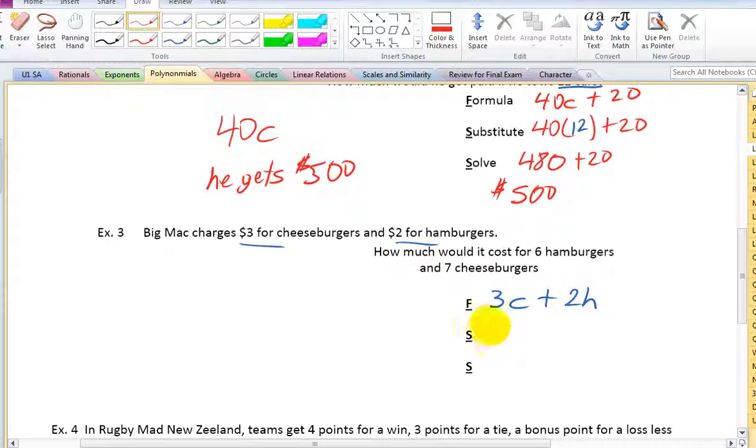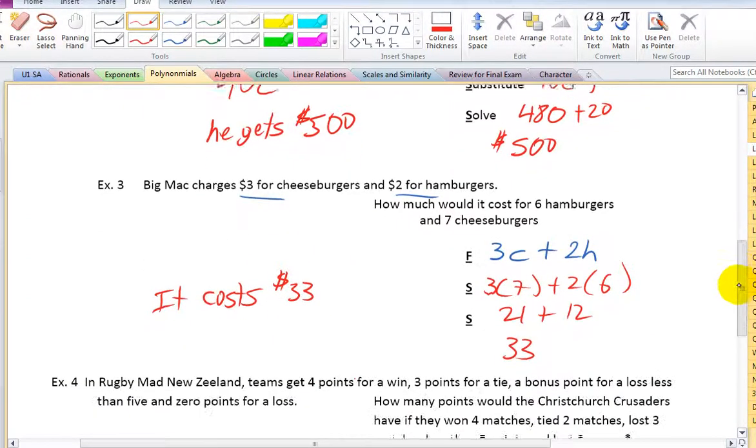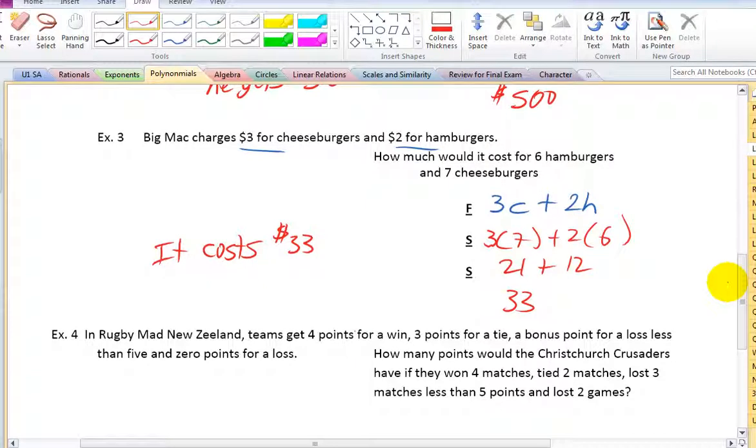Don't dog it. And a short, sweet sentence. That's great. It costs 33 bones, which is dollars. Make sure dollar signs in English are in front. That's a tongue twister there.